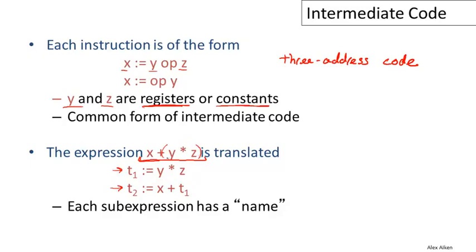In the expression x plus y times z, the expression y times z itself doesn't have a name. And by rewriting it like this, I actually name that intermediate result. So again, to summarize, one consequence of having to write out compound expressions as a sequence of instructions that do a single operation at a time is that every intermediate value will be given its own name.